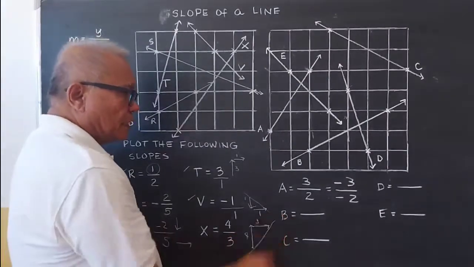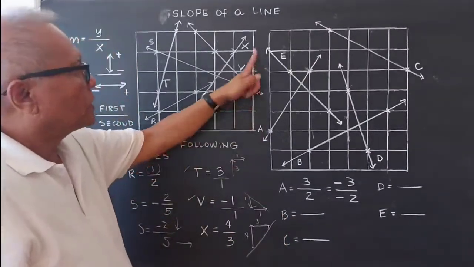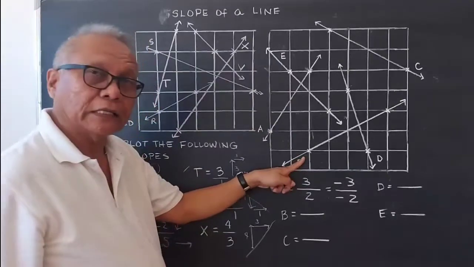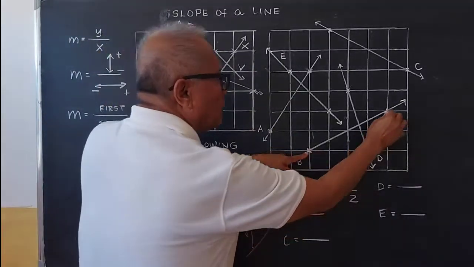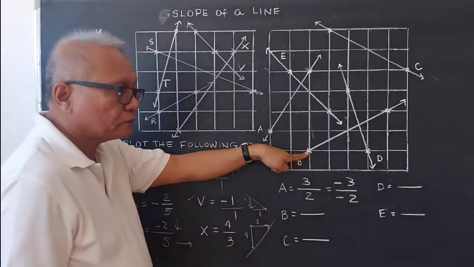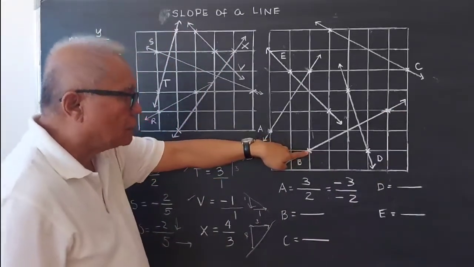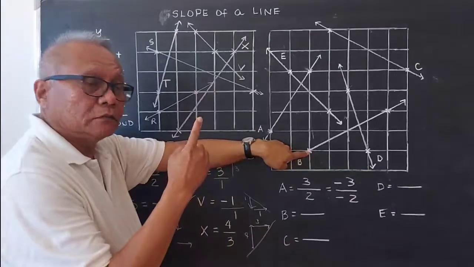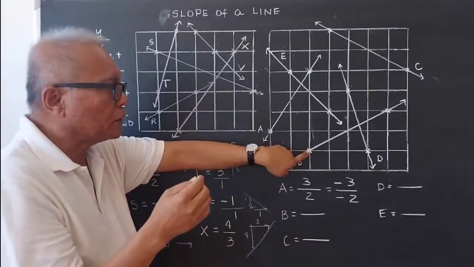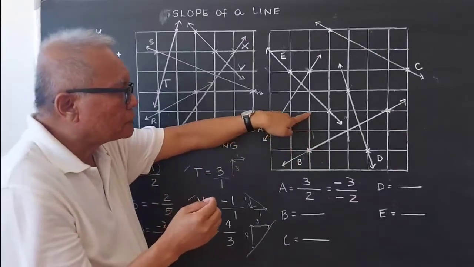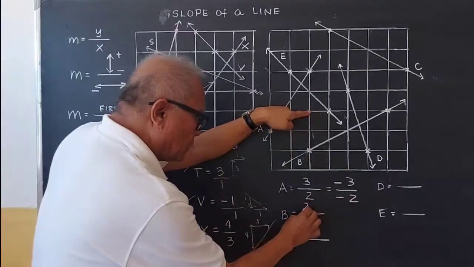Okay, let's have letter B. For letter B, okay, this one plus. So from here, where's the other point? Here. Oh, okay. So from here, we will go up. So it is positive. Don't put any more the cross. We will go up. 1 and 2. Right. 2 here.